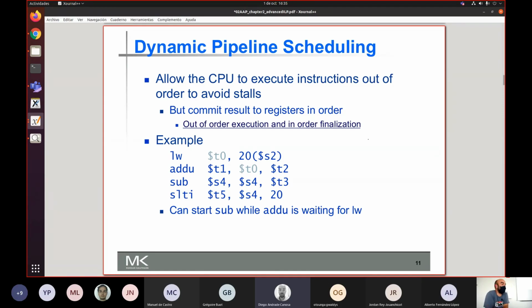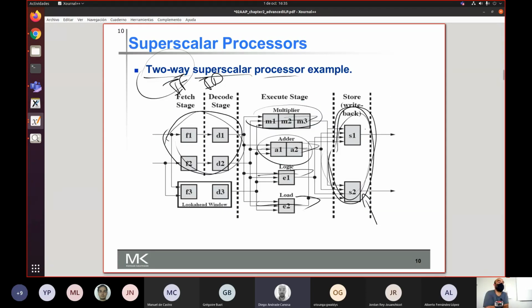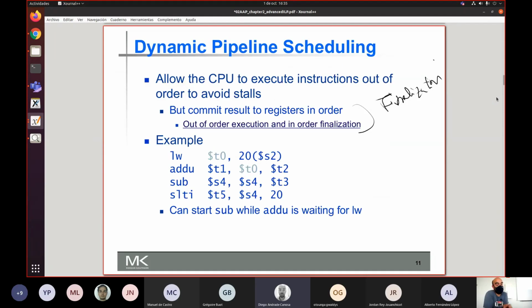Regarding finalization, okay? This is when the instruction finishes and commits each stage to registers or to memory or whatever. The finalization can be guaranteed to be in order because this is a safer policy, okay? You can start out of order, but the hardware is going to make sure that at the end, the finish happens in order, because this is going to guarantee part of the semantics of the code.